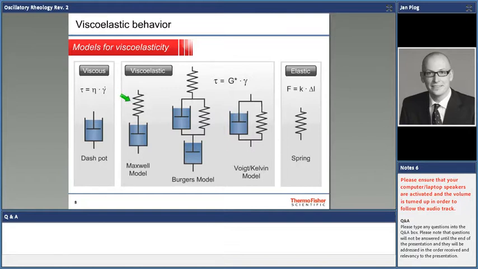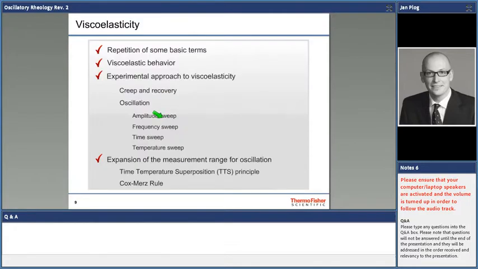Again, I don't want to go into detail. We have Maxwell or Kelvin models to model that. But in creep recovery in a second, we're going to talk about the Burgers model, because it combines purely elastic and purely viscous behavior with the viscoelastic intermediate. But I don't want to go into constitutive equations right now, so don't be afraid.